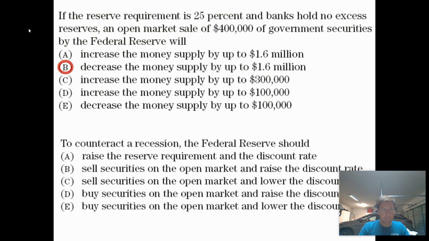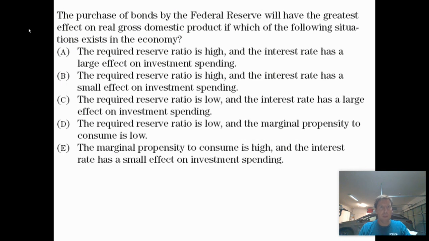A purchase of bonds by the Federal Reserve will have the greatest effect on GDP if which of the following exists in the economy. Okay, so we need to find out what is going to affect the economy. What situation will allow this expansionary monetary policy to grow the largest?